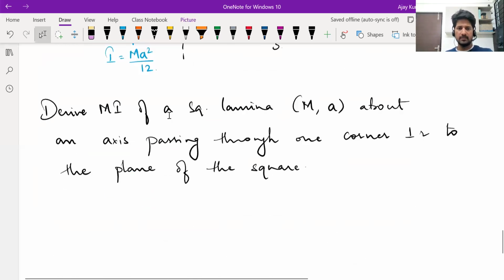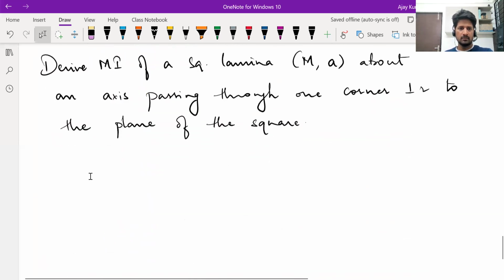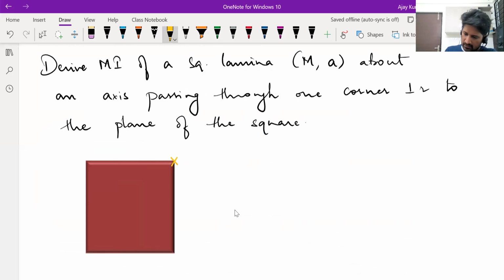So basically, if you use this same picture, 1 second. This is the axis that we are talking about. Passing through one corner, perpendicular to the plane of the square means perpendicular to your screen.